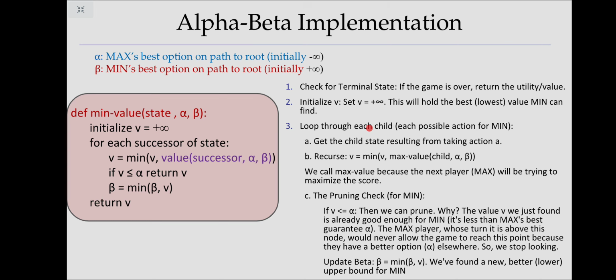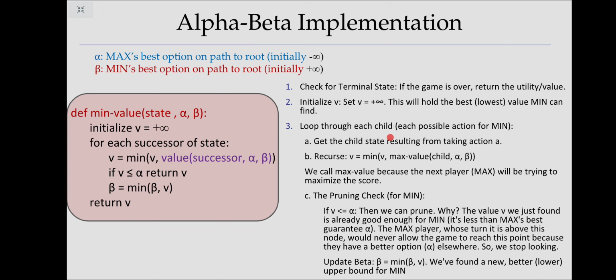Otherwise, if the node is not terminal, we initialize v with positive infinity, and we define a loop over all of the actions and all children.